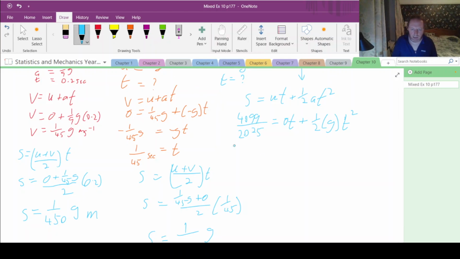So 4099 over 2025 divided by a half g will equal t squared. So that divided by 2 times 9.8.